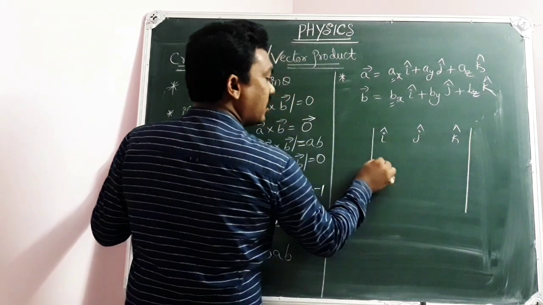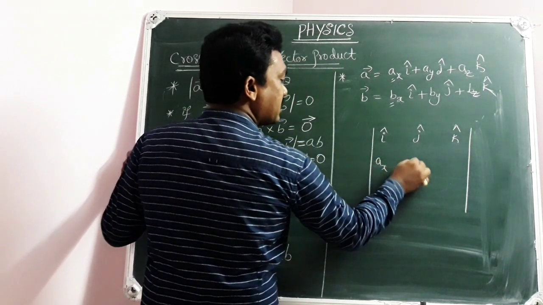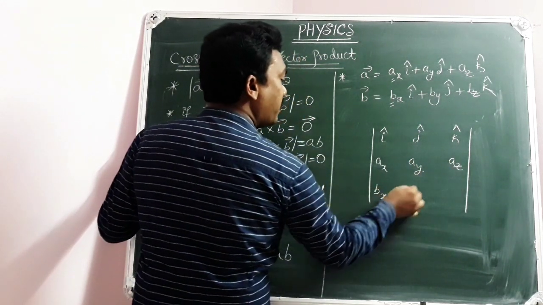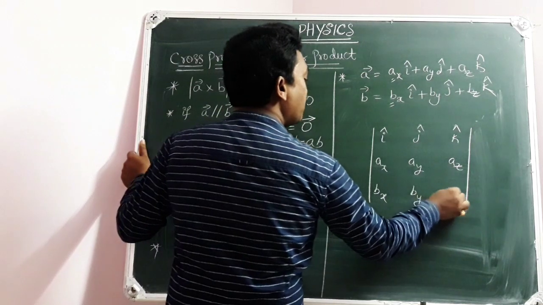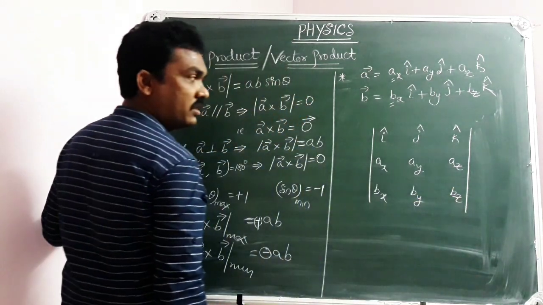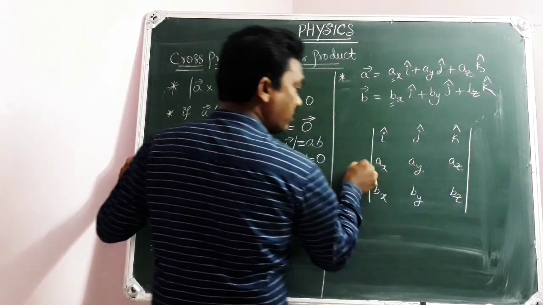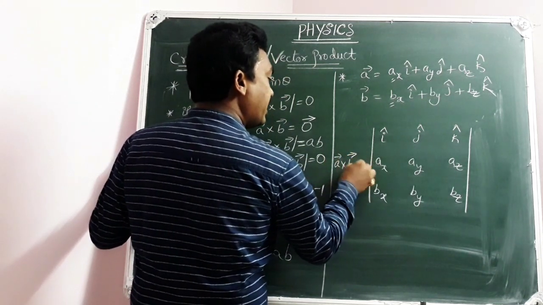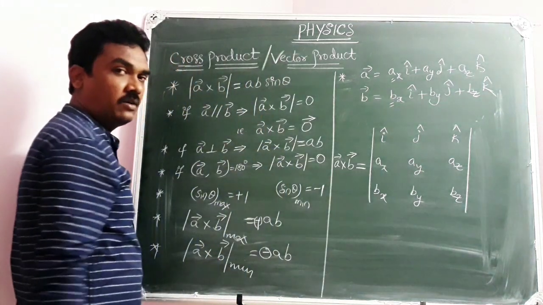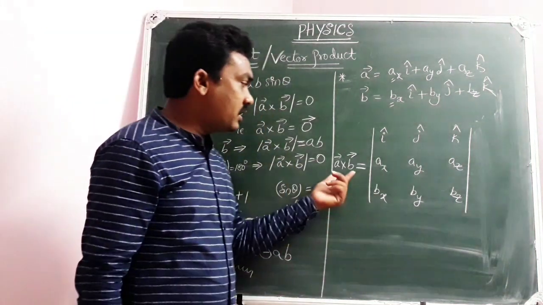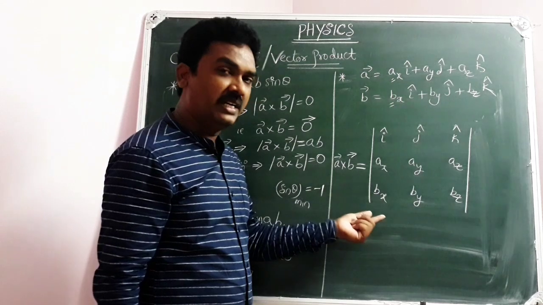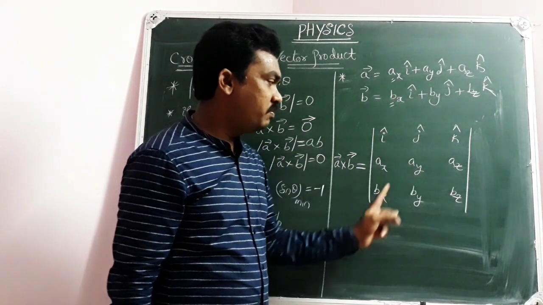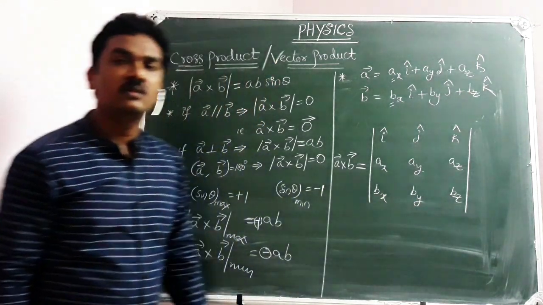The second row will be the components of A bar: AX, AY, AZ. The third row will be the components of B bar: BX, BY, BZ. This determinant will give A bar cross B bar. So A bar cross B bar equal to the determinant of I cap, J cap, K cap, AX, AY, AZ, BX, BY, BZ.